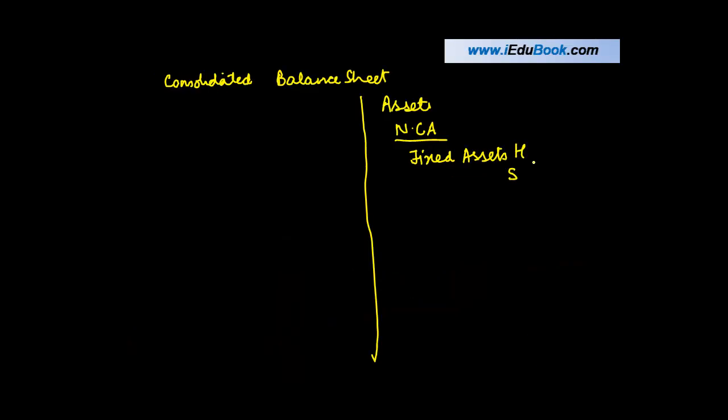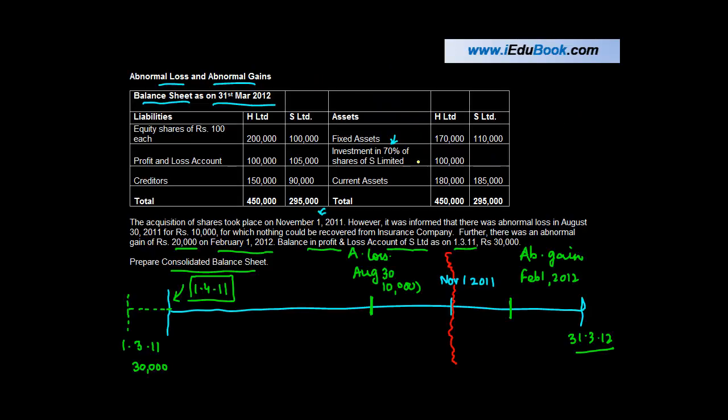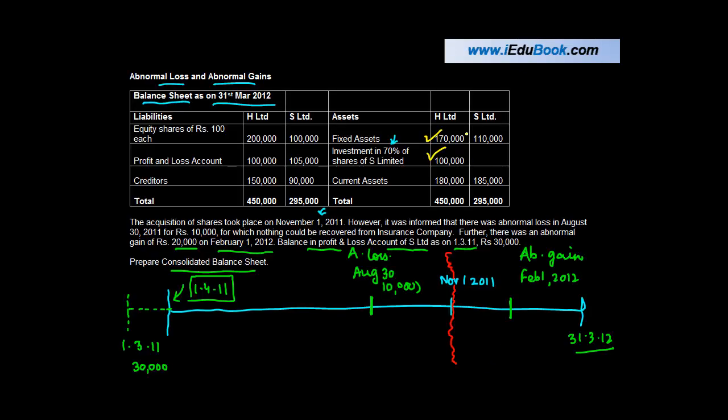H is 170, S is 110. Total is 2,80,000. Then you have the investment. These will go to my cost of control. Investments 1 lakh. So I'm done with this, done with this.